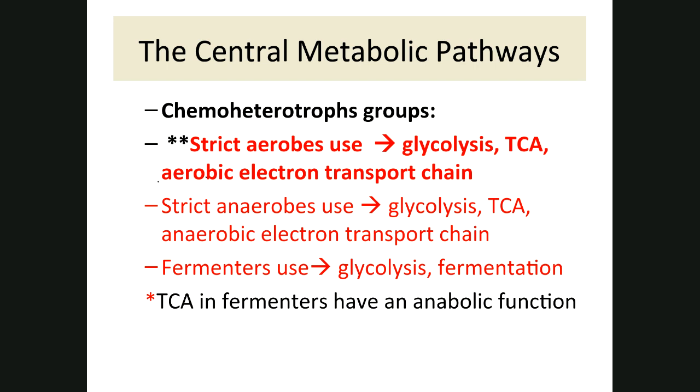They're going to have an anaerobic electron transport chain. Other organisms are fermenters. Fermenters are going to use glycolysis. They're not going to use the TCA cycle to make energy. Instead, they're going to turn to fermentation to make energy.